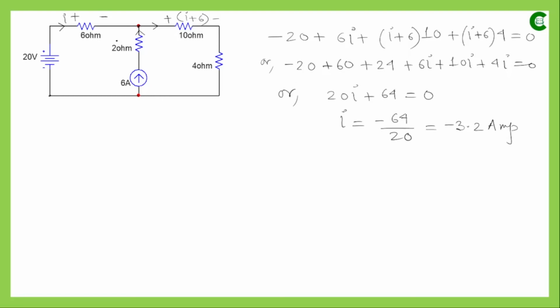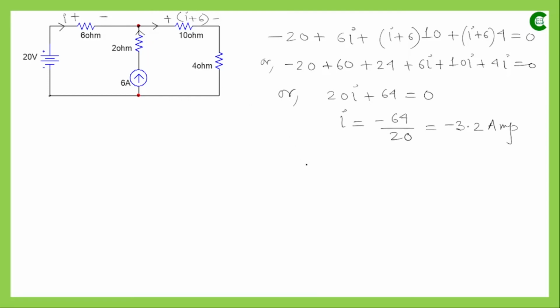That means actually this I is flowing from right to left, and so this 6 ampere current is flowing through this branch, and one part will be flowing in this direction, and that value is 3.2 ampere from right to left, and minus 3.2 ampere from left to right.